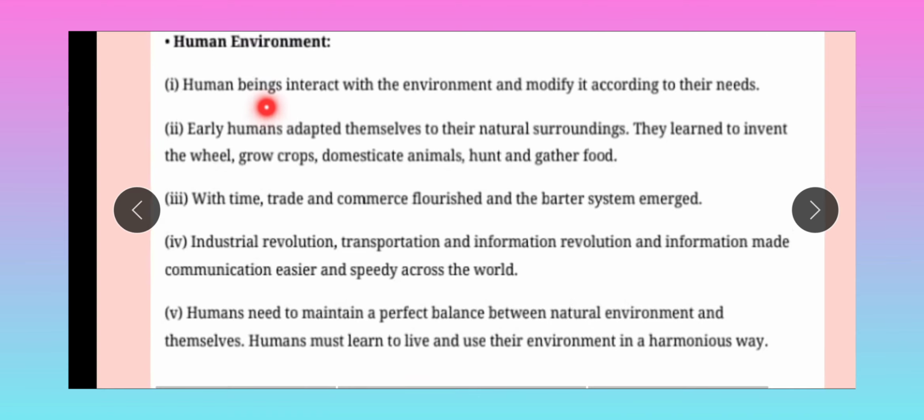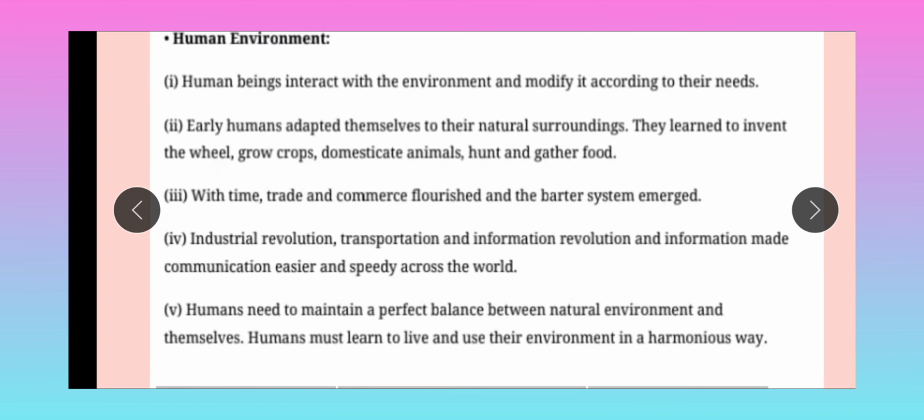Human environment: human beings interact with the environment and modify it according to their needs. Early humans adapted themselves to their natural surroundings. They learned to invent the wheel, grow crops, domesticate animals, and hunt and gather food. This shows how the journey of creating the environment slowly started.